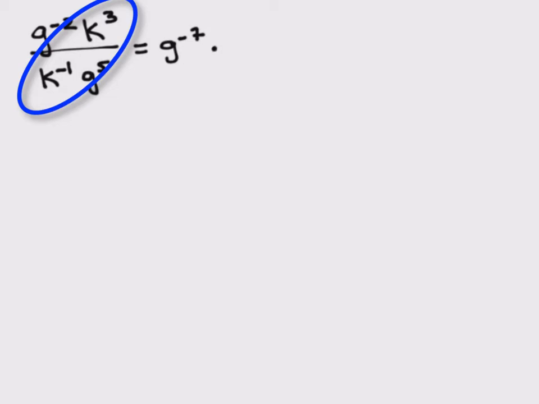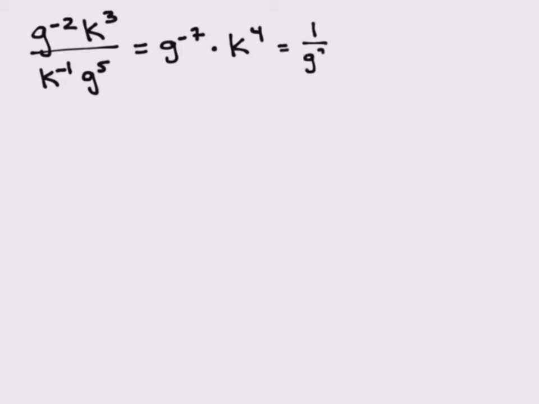So we have times k to the positive fourth. Of course, for our eventual answer, we want to have no negative exponents at all. So we'd have to rewrite g to the negative 7th as 1 over g to the 7th times k to the fourth. And of course, we can turn that into one fraction, k to the fourth over g to the 7th. All groovy.